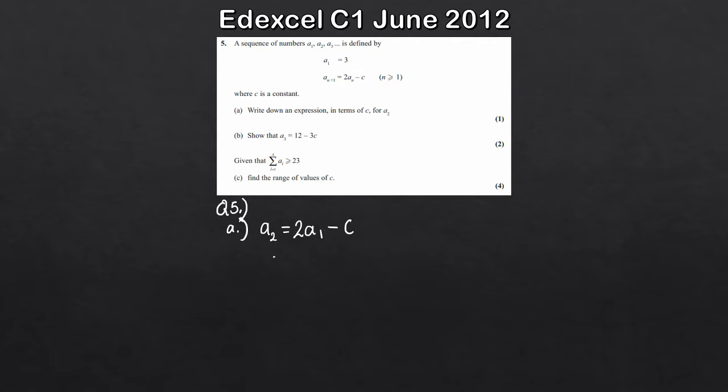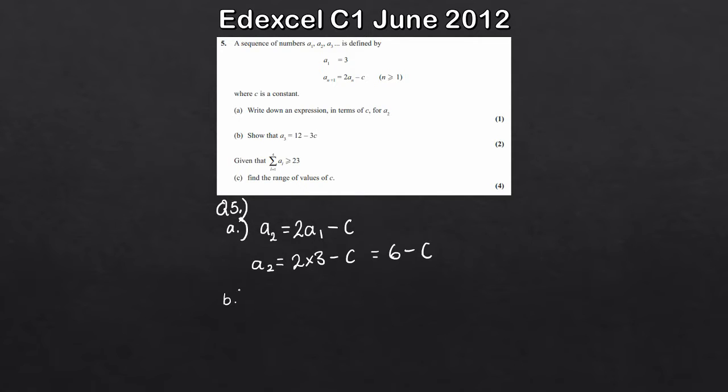But we know A1 is 3, so at this point here, we just do 2 times 3 minus C. So in that case, I get 6 minus C for A2. So that's the first part there, quite a nice one to start with.